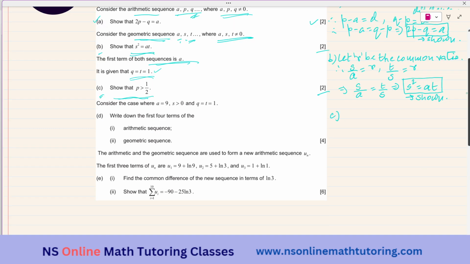We know that 2P minus Q is equal to A, or 2P is equal to Q plus A. Since Q is equal to 1, therefore, 2P is equal to 1 plus A.